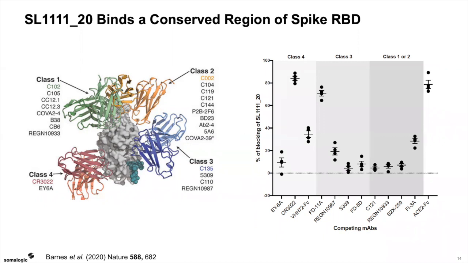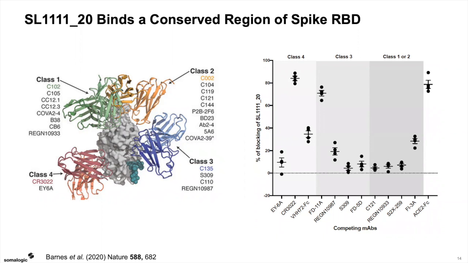And so one of William's colleagues here at Oxford, Jack Tan, did this assay where he took a panel of antibodies that represent all 4 classes, and he used our reagent and did an ELISA competition assay to determine which antibodies are blocked from binding spike when our reagent is present.